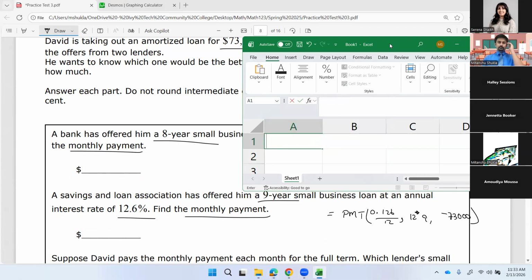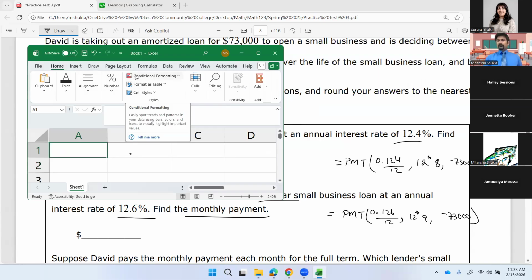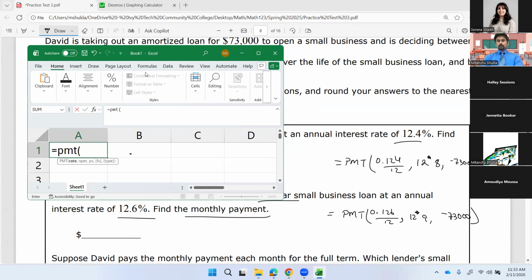Okay. So I know that for the 12.4% equals PMT 0.124 divided by 12, comma, 12 times 8, comma, minus 73,000. So that one is $1,202.56. What's the other one?